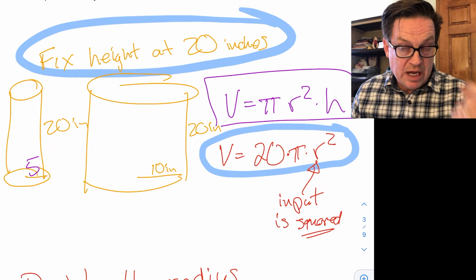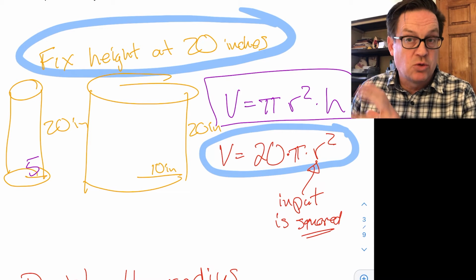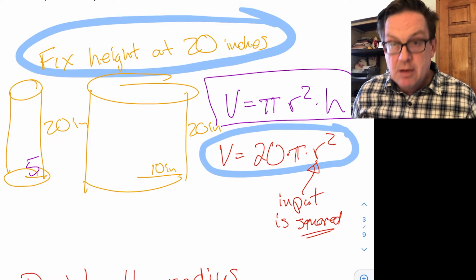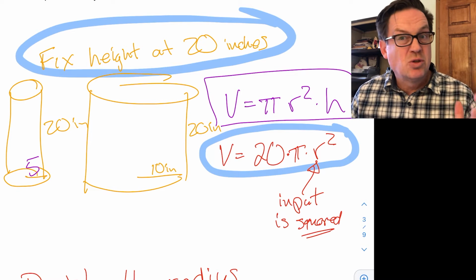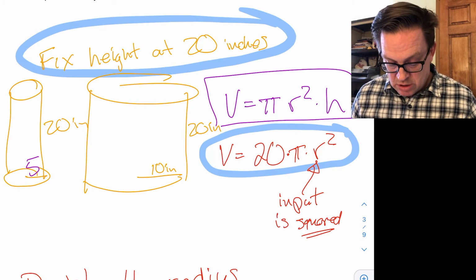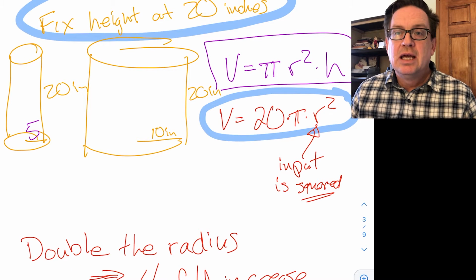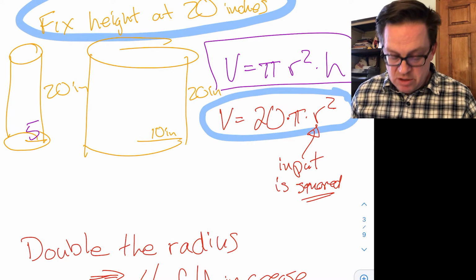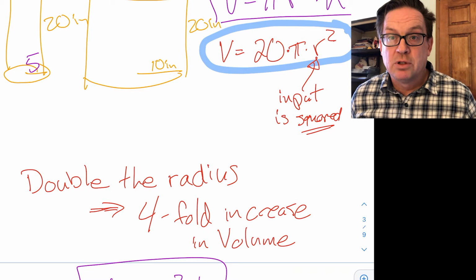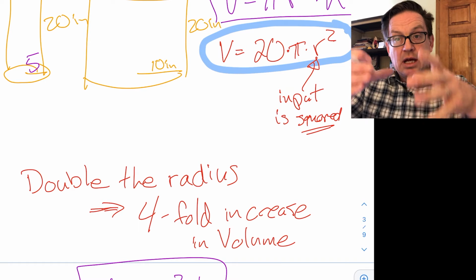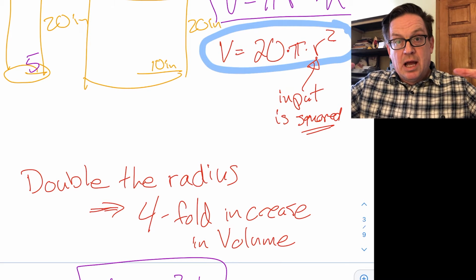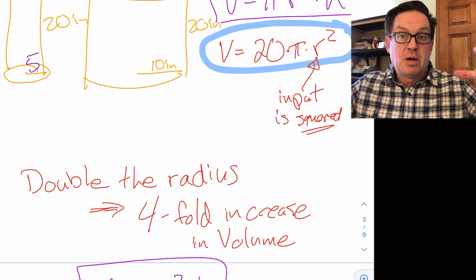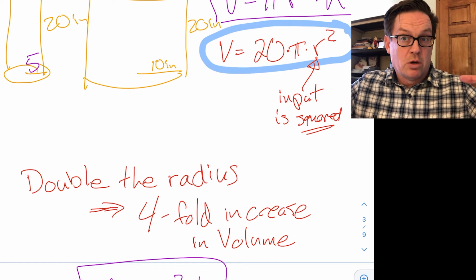It's going to be 20, the height, times pi times the radius squared, and radius is still my input. But now the input is squared, so it's not a linear expression anymore. And in this case, if I double the radius, I don't double the volume. I get a 4-fold increase in the volume. If I double the radius, I multiply the volume by 2 squared, 4.